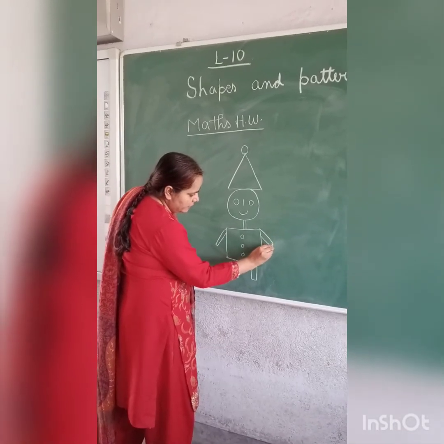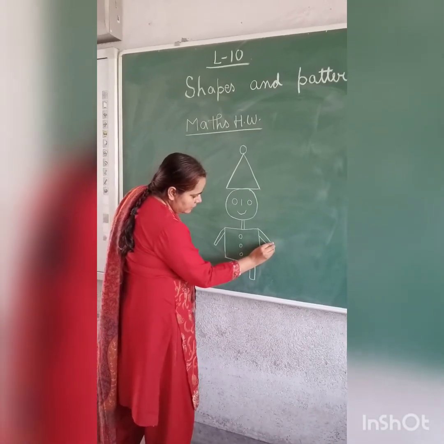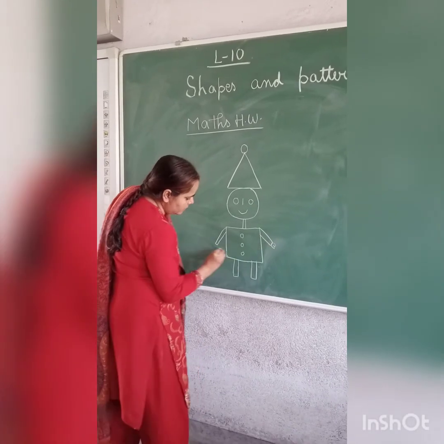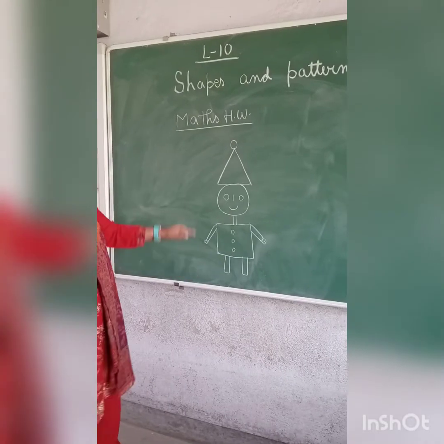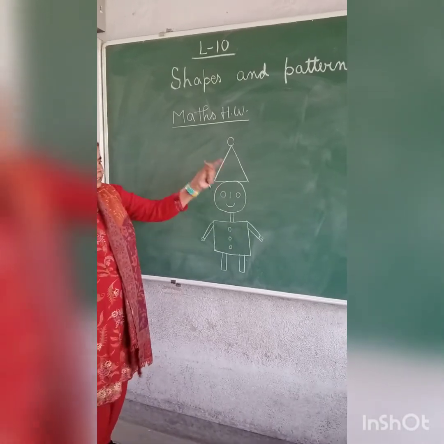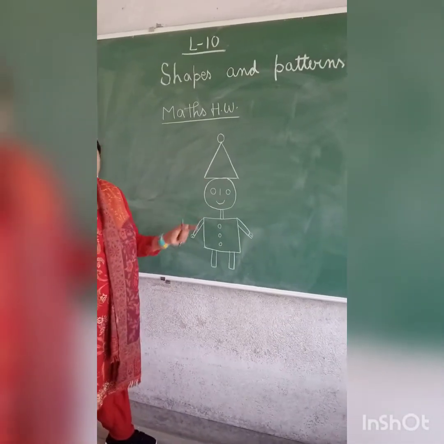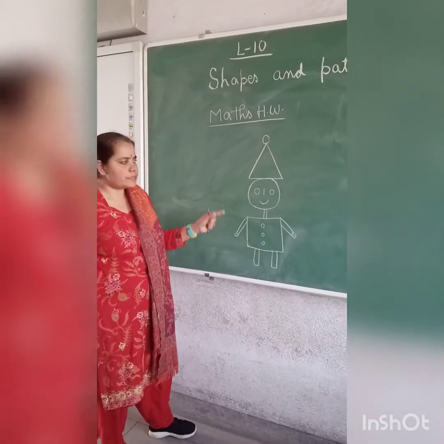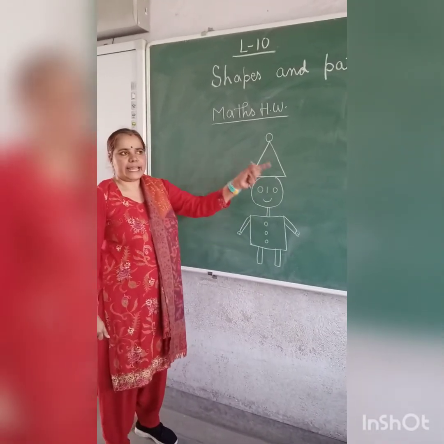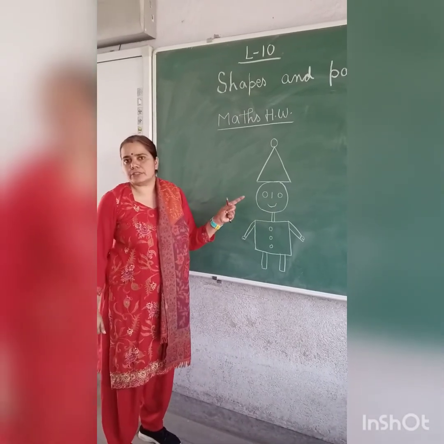Okay, like this. And for hands we can also use curved lines. Okay, children, and you all will draw this puppet or joker, whatever you can say, and you have to color this also. Okay, and make it attractive as much as possible. Okay, and this work you have to do in your maths copy.